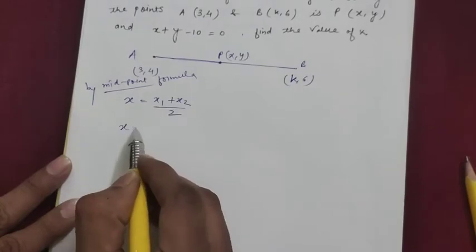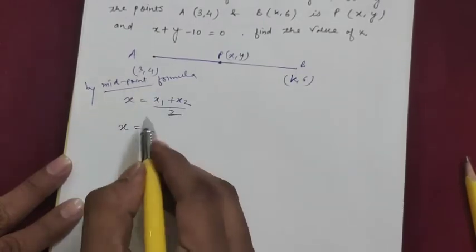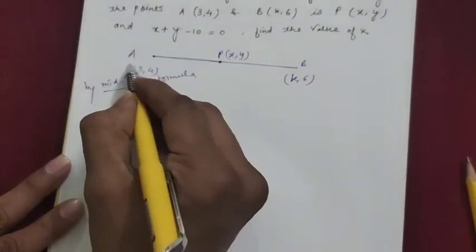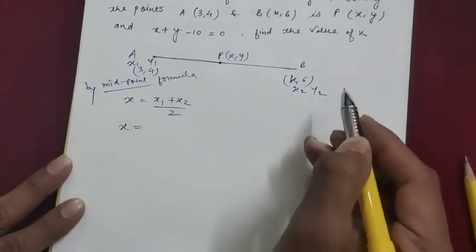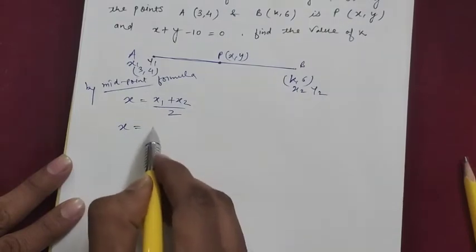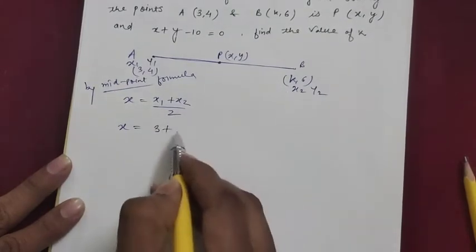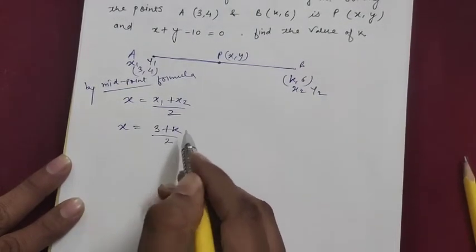So x1 is 3. We know now that this is x1, this is y1, and this is x2, and this is y2. So x1 is 3, x2 is k, upon 2.